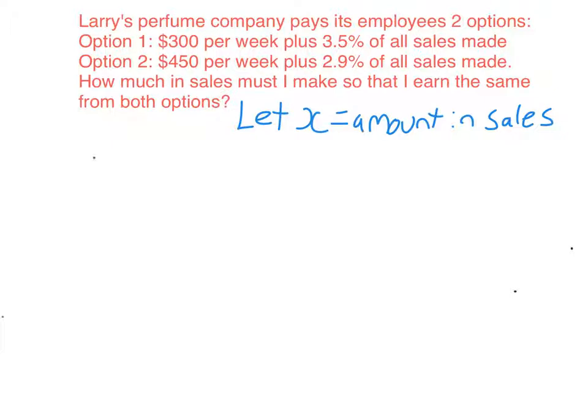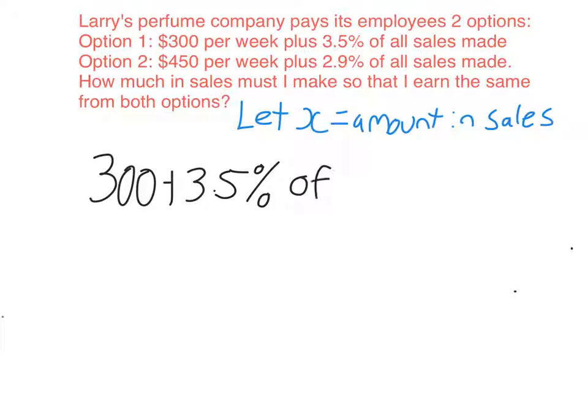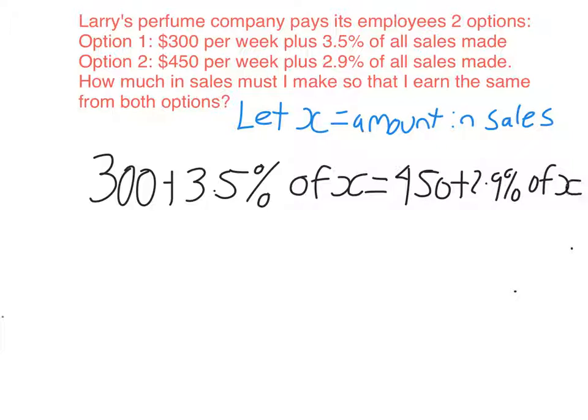So option 1, 300 plus 3.5% of the sales I make. I want that to give me the same amount of money as if I earn 450 plus 2.9% of the sales I make, which is X, okay? Now I don't want words in here like of, I don't want percent symbols, so I've got to just rewrite this a little.